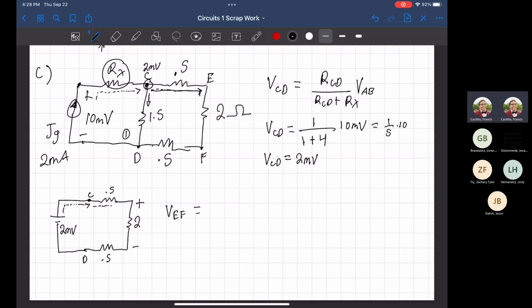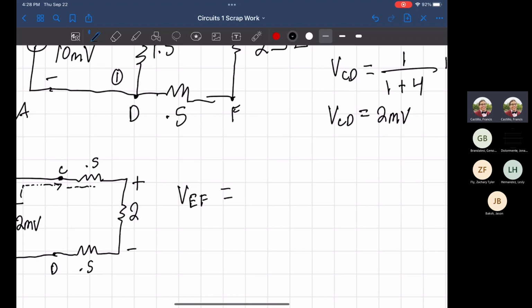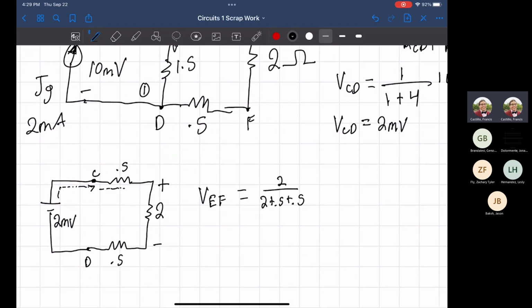So we know the EF is going to be equal to, so the resistor we're using right now is going to be 2 ohms. 2 ohms up top over the summation of it, so 2 plus 0.5 plus 0.5. This is just applying the voltage divider, where the resistive component we're trying to find goes on the numerator, and then the sum of however many resistors we traveled through goes on the bottom, times our voltage source.